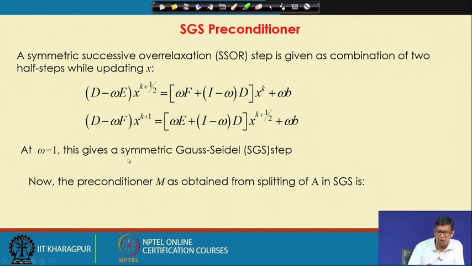If omega is equal to 1, this gives us the symmetric Gauss-Seidel or SGS step, and the matrix M obtained from SGS is (D - E) D inverse (D - F).